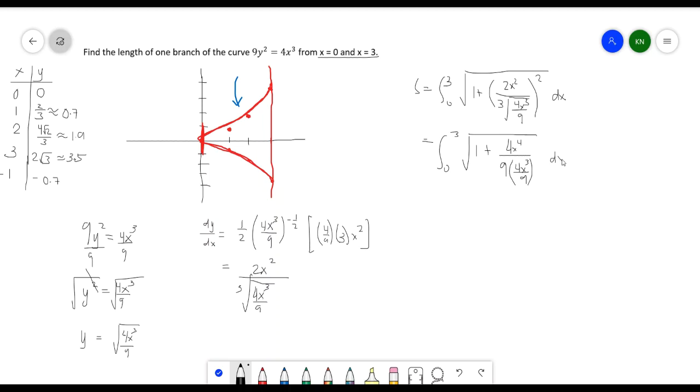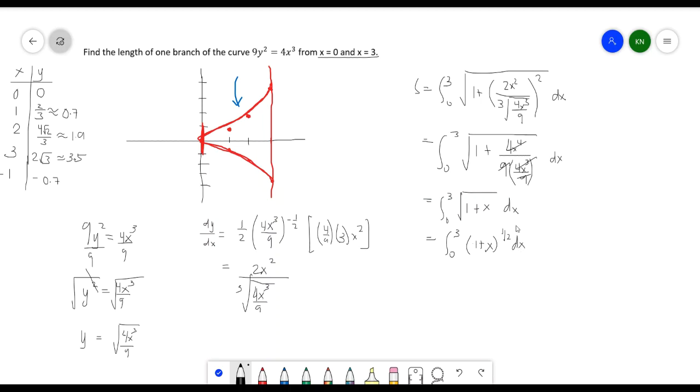We have the dx. So basically we can just simplify this again. So we have 1 plus, we can cancel this one, and then we can cancel this one. So this is raised to 4 and this is raised to 3, so we still have 1x left. Then we have the dx. So we can just simply transform this one to exponential form. So we have 1 plus x raised to 1/2 dx.